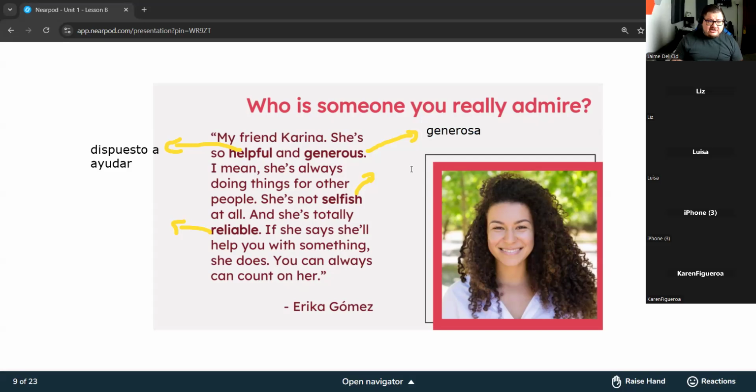So she's generous. What's another thing? She's not selfish. Selfish es egoísta. Pero dice que ya no lo es. She's not selfish at all. Para nada es egoísta. And she's totally reliable. Es totalmente reliable. Now, the word reliable is confiable. Eso se puede usar para muchas cosas. You can use it for products.